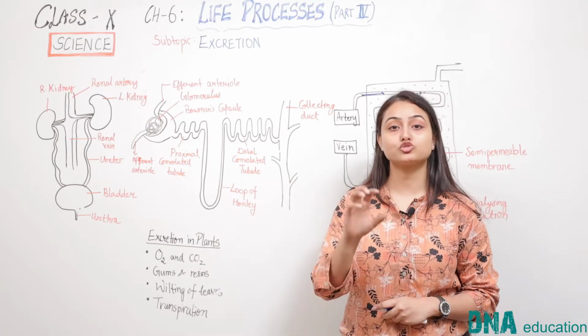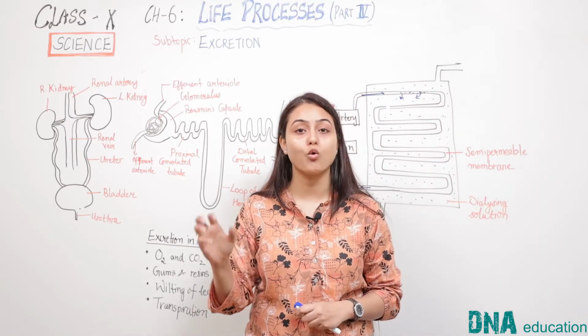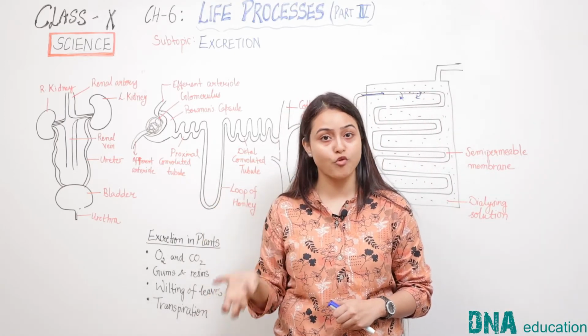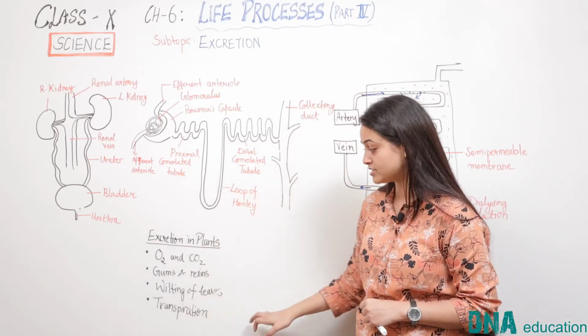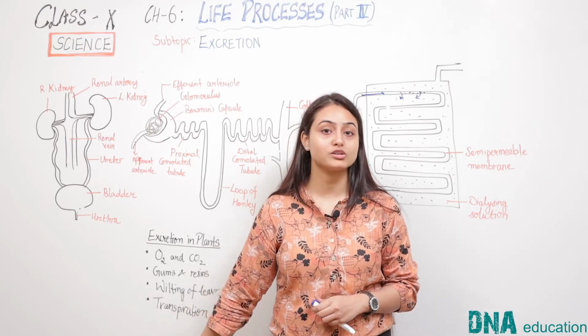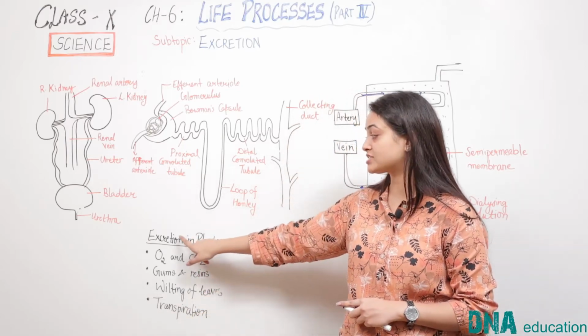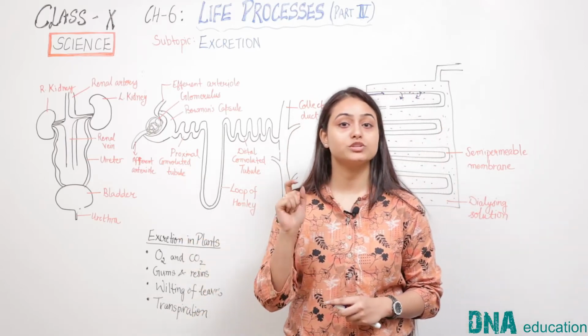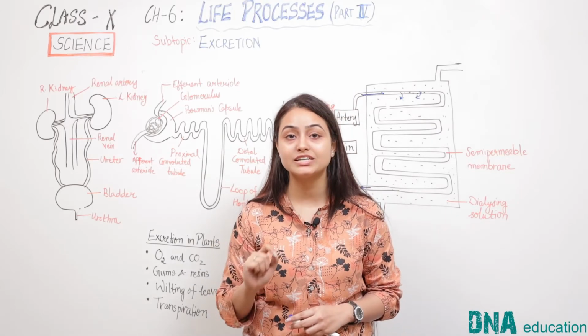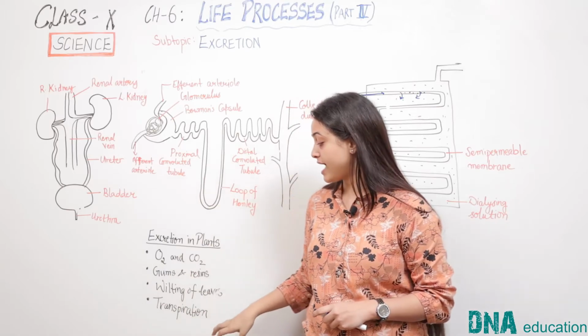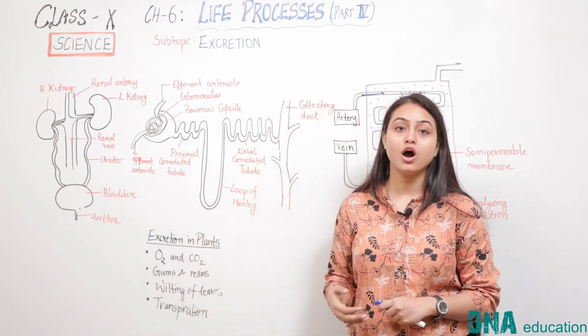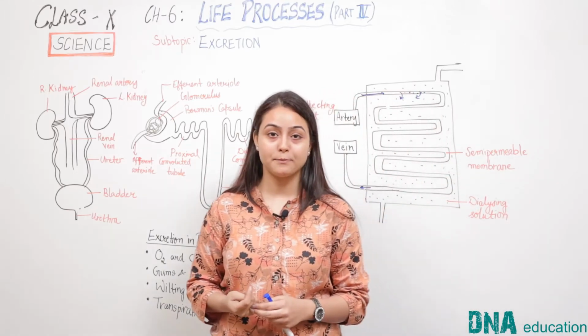Similarly, plants can store some waste materials in their old leaves. When these leaves fall off, it leads to the excretion of the waste in plants. Transpiration is one more process which can be counted as excretion in plants, because during transpiration plants excrete excess water that they absorb from the roots.